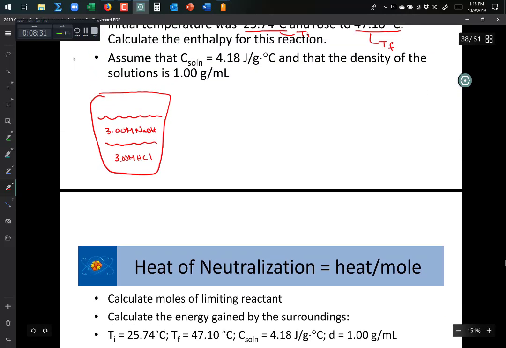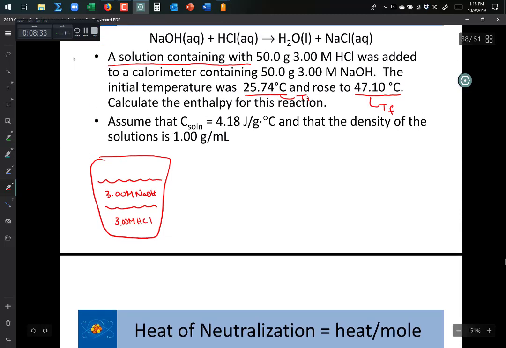Just a couple of things to start out. What I know is that this is an insulator, right? And so I know there's a Q for a reaction, but I also know there's going to be a Q for the sodium hydroxide plus a Q for the HCl.